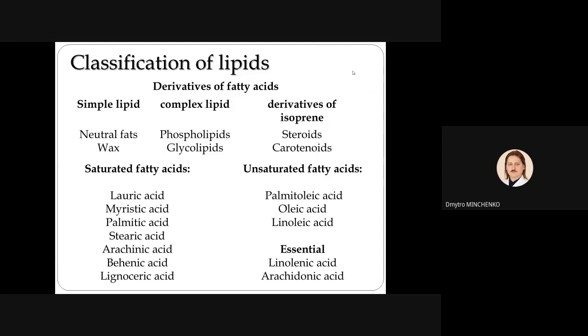You can also go with the division of saturated fatty acids, listed below, and unsaturated fatty acids. Obviously mentioning that we have two that are essential, the linoleic acid and arachidonic acid.